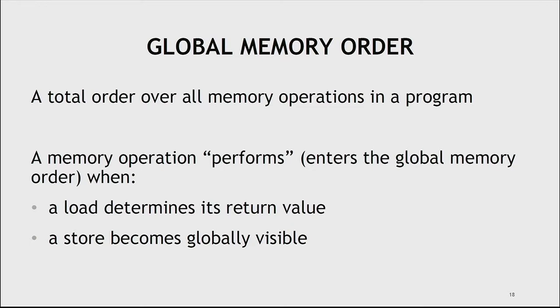So it would intuitively make sense that the point in time we're interested in capturing with this total order is the point at which a load determines its value. It's looking back in the total order at that point and finding the most recent store. And likewise, on the other side, for stores, the point we're interested in is the point where the store becomes globally visible, because that's when it's visible to loads, which are the question we're trying to answer. So even once we start adding more relaxations and more complexity into the memory model to get to RVWMO, these are still the two points in time that we're going to be interested in for loads and for stores, respectively.